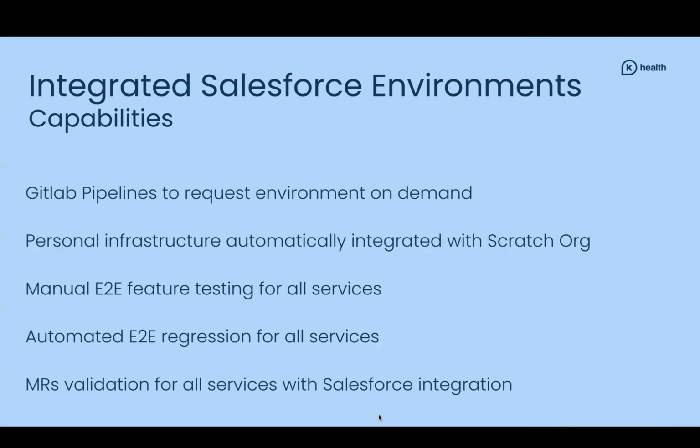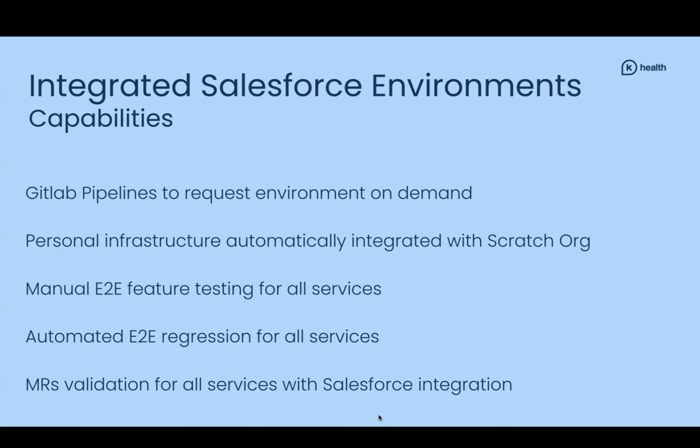It also gives an ability to run the end-to-end testing, because you can spin up not only the personal environment, but just a system environment that has all the services, the scratch org, run end-to-end automated tests, and verify if everything is good. It's done for the full stack services, but we are coming to the point where Salesforce merge request validations will include this end-to-end regression.